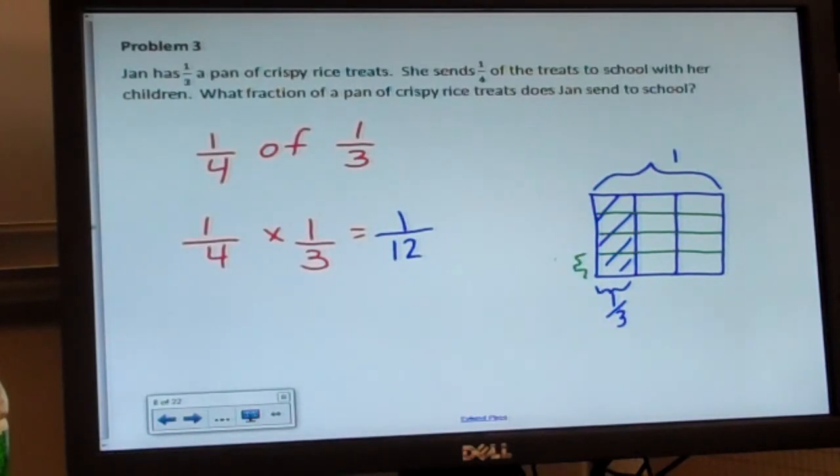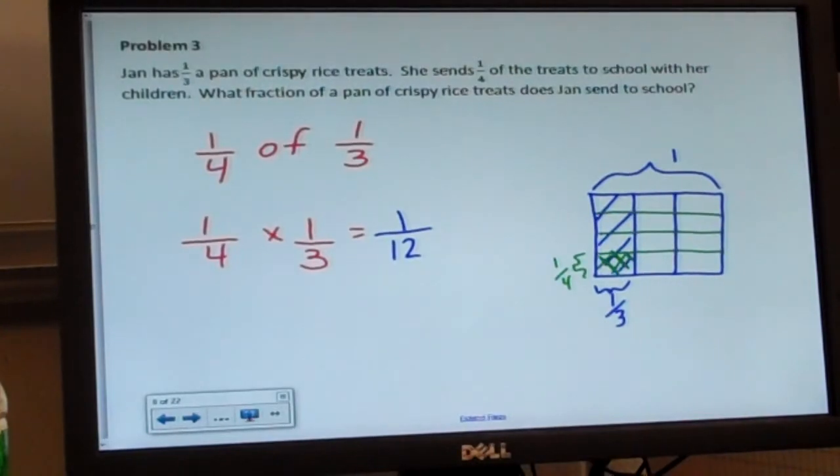Good, we're finding 1/4 of this third. So what is our final answer here? How much did we shade? 1/12. Do we see that? This is where this 1/12 is coming from? Allison's question? Yeah. Okay, what's your question?